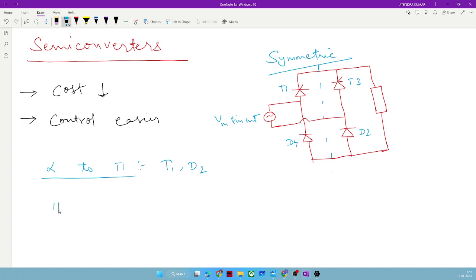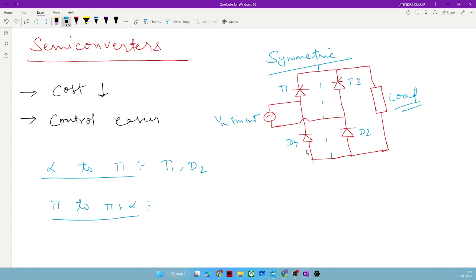Fine. From pi to pi plus alpha, which two switches will conduct? Any guess? Till the point of pi plus alpha, T3 is not going to turn on.